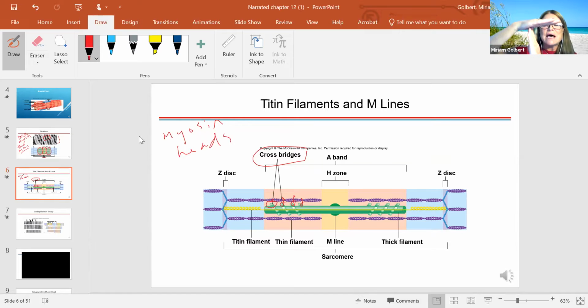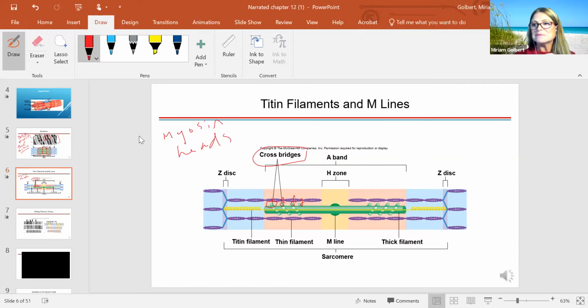And because it's attached to the actin, it's going to move it with it, yeah? And that's what causes the sliding of those overlapping fibers toward the center. So much so that the H zone disappears when the sarcomere contracts.